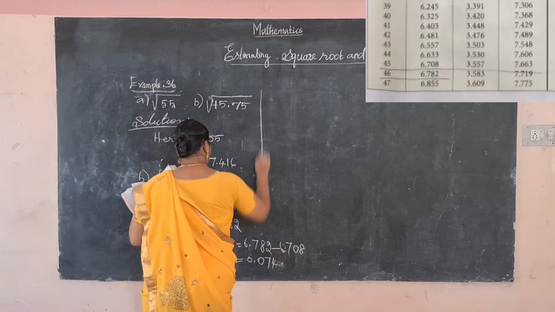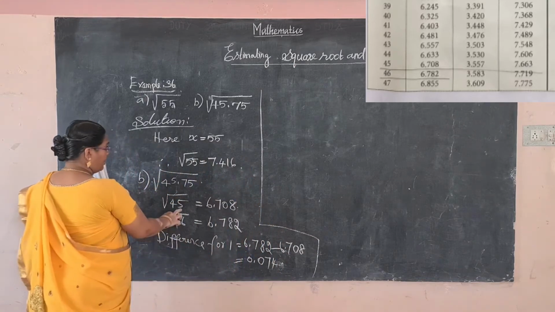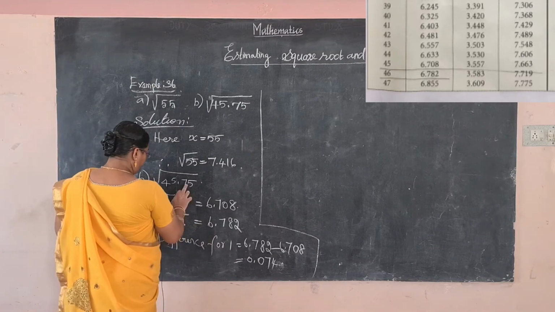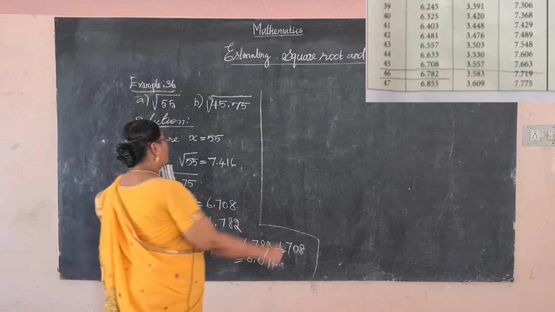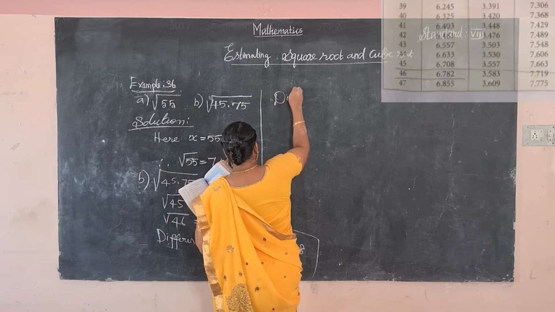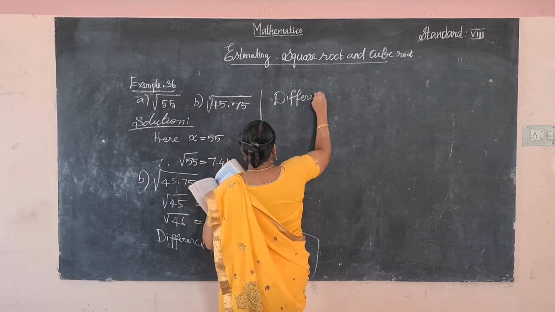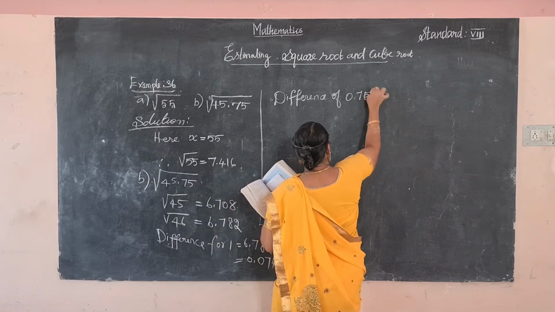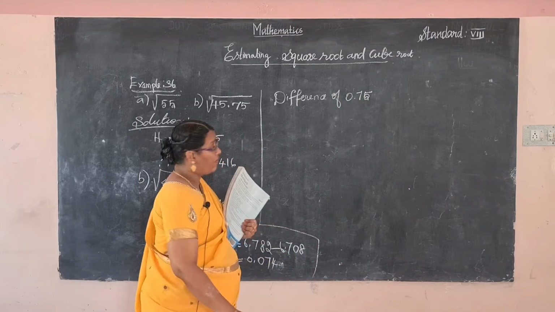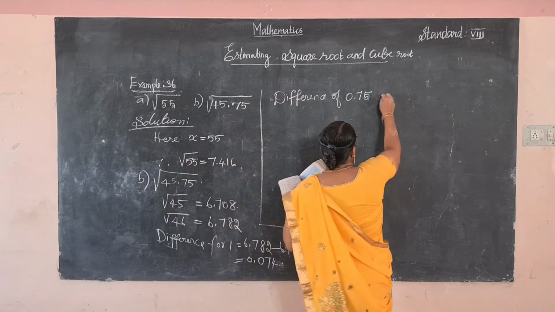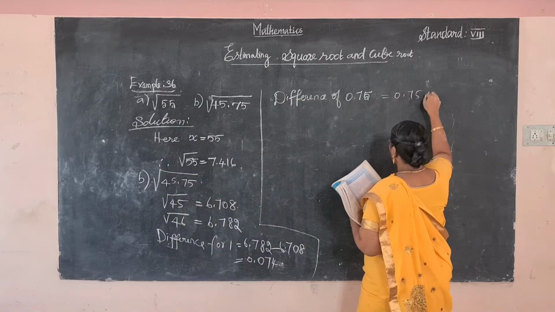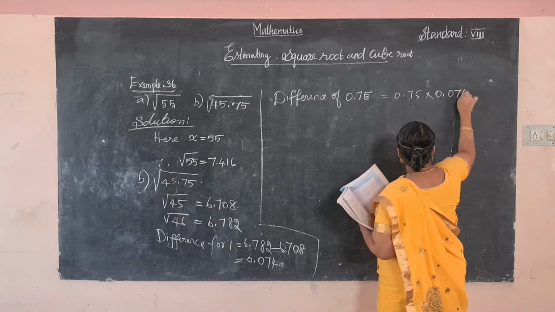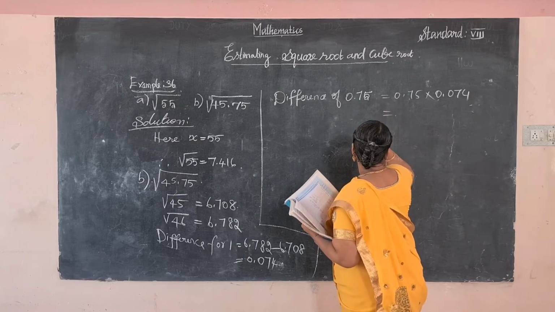Now we have to find the difference for 0.75, which is 0.75 into the difference for one unit, 0.074.